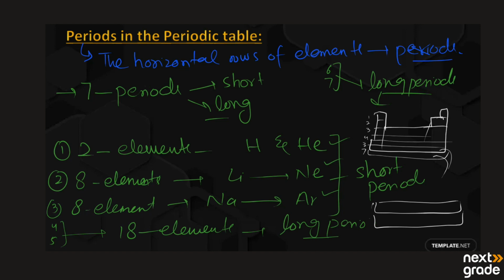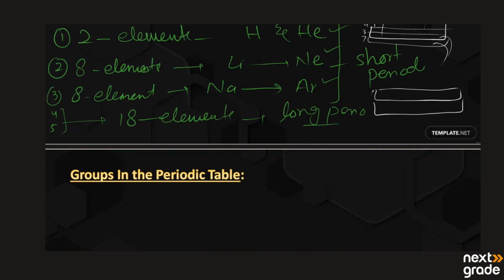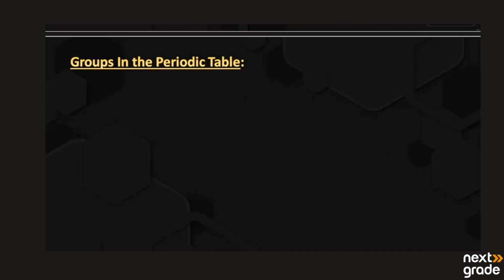After that we have the groups in the periodic table. How many groups do we have? There are a total of 8 groups. Group 1 starts from hydrogen and ends at francium, and these are known as alkali metals, because they are metals with alkaline properties.